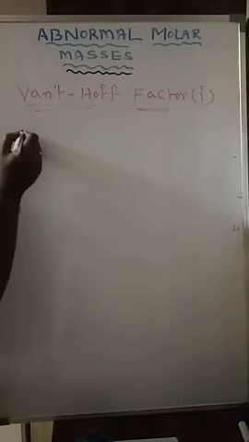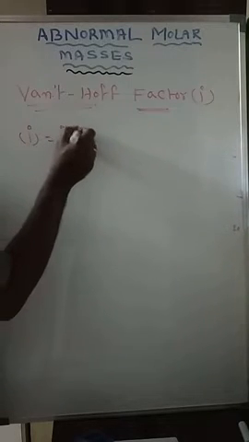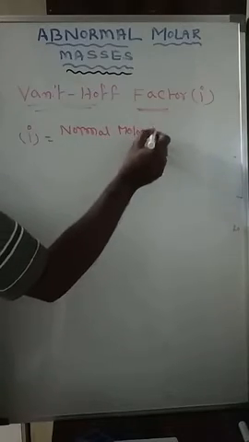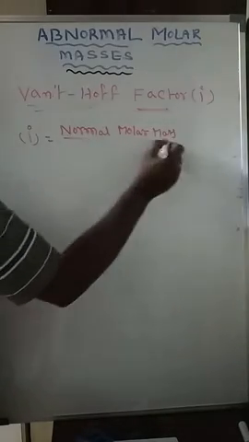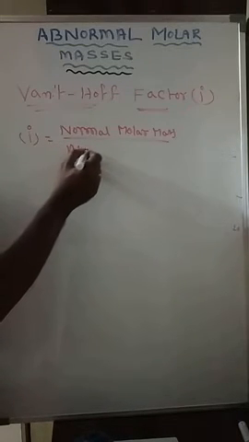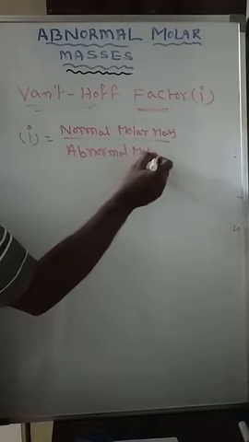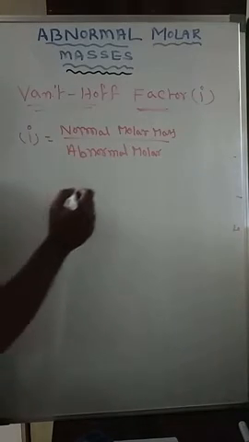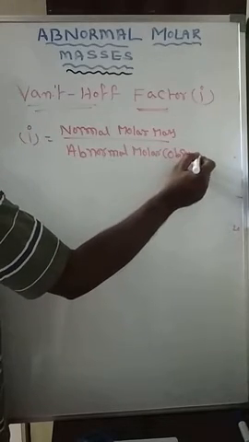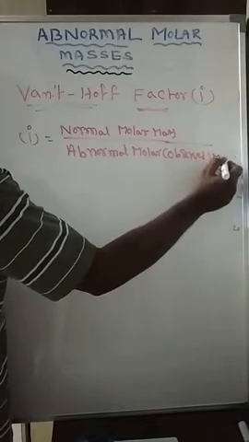Therefore, the Van 't Hoff factor i is equal to normal molar mass divided by abnormal molar mass, which is also called the observed molar mass.